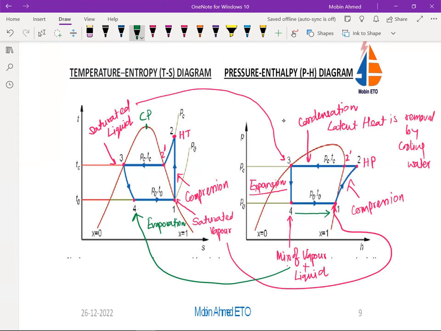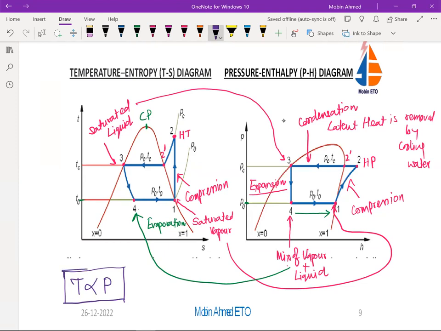Okay. Now, when it was expansion, you can see the temperature has decreased. Here also, the pressure has decreased. It has come to this level. This is the level the pressure has come to, and this is the level the temperature has come to. Now do remember this: the temperature of the refrigerant and the pressure are both directly proportional to each other.